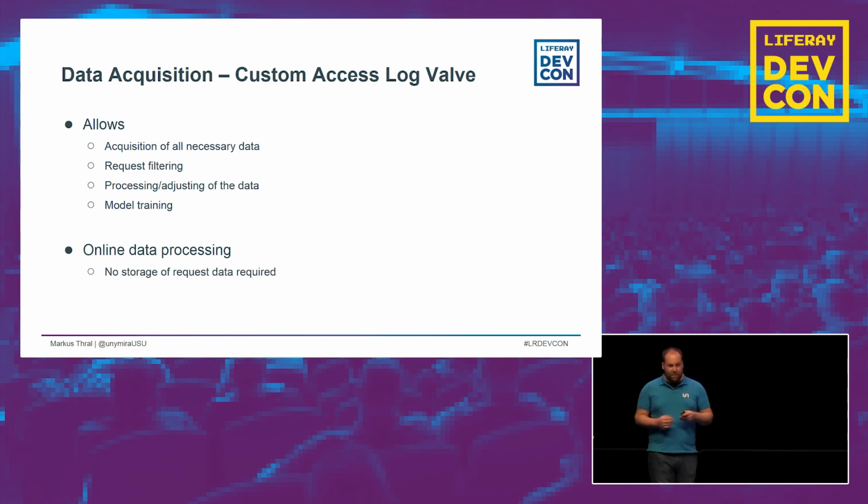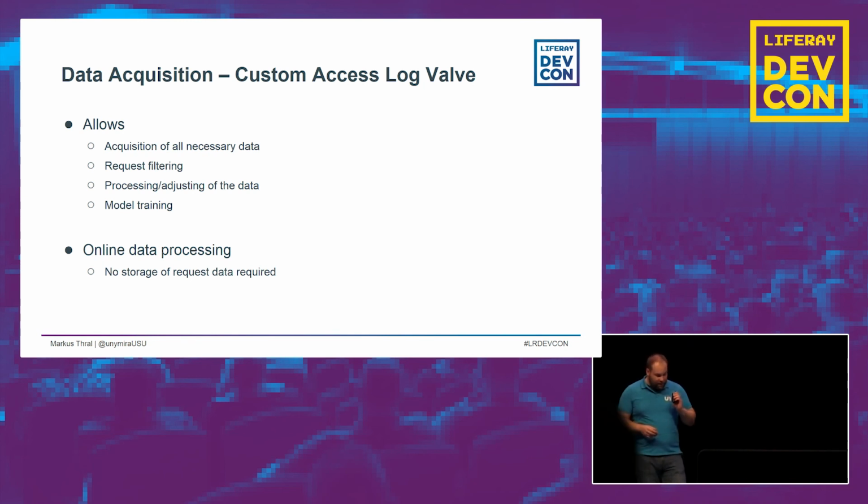Also, we could filter the requests, for example the bots, and we could process or adjust the data if necessary. And as the last step, we can train the model immediately and don't have to store the log data, the request data. And that's a huge advantage because it could be a lot.